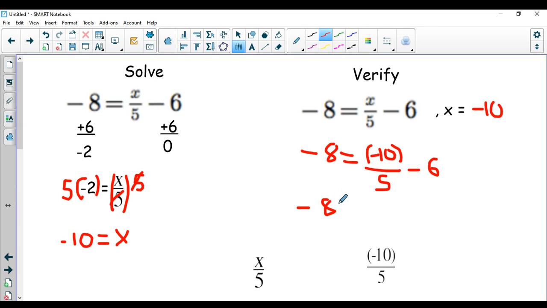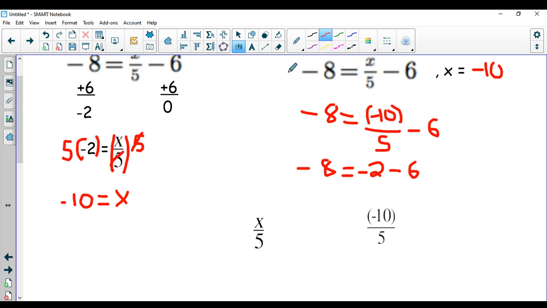-8 equals, order of operation states I have to do division first. -10 divided by 5. Well, a negative divided by positive is a negative. 10 divided by 5 is 2. -2 minus 6. I could look at that as -2 minus 6.